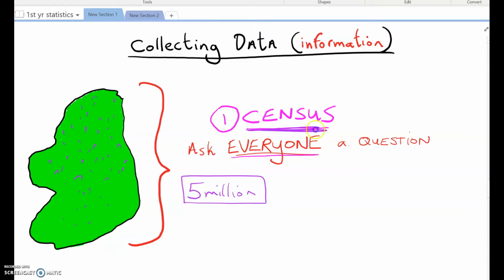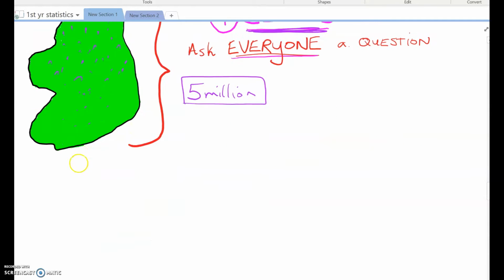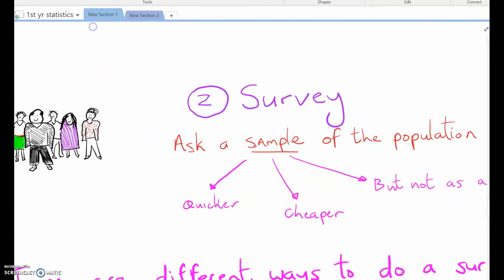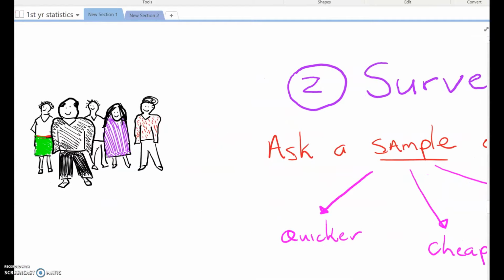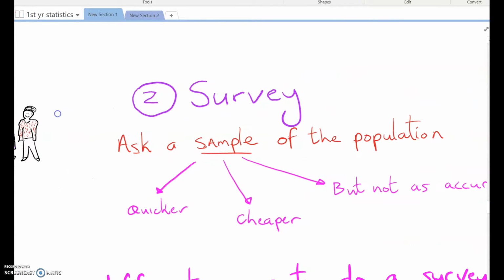So a quicker way to do it would be to take a sample of the people in the country. Don't do all of them, just do some of them, and give them what's called a survey. So you ask a sample of the population some questions, not everyone. The questions you ask them are called a survey.